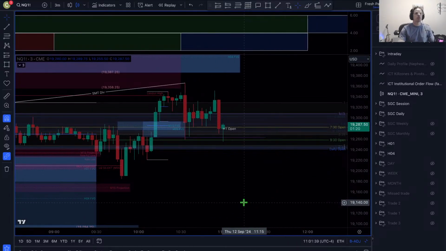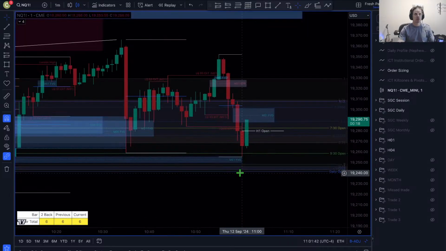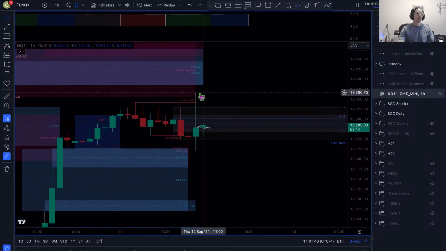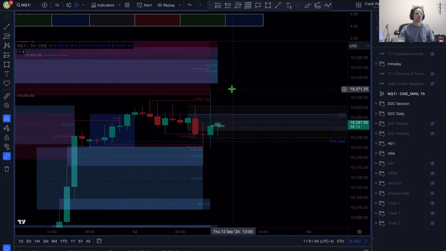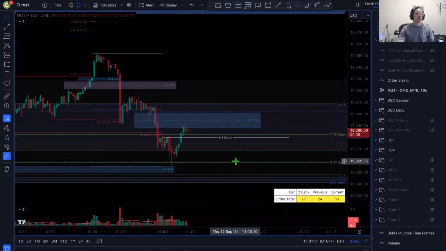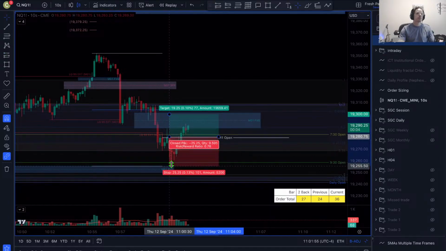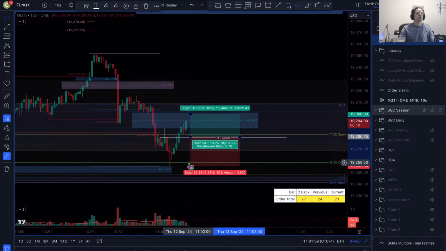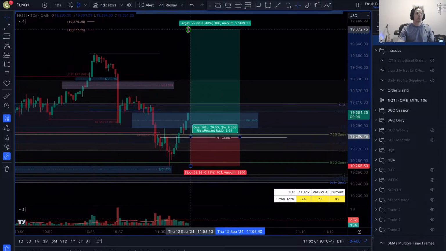You know, did we just sweep this liquidity essentially on the hour open, or we're going to go up on the hour? Could we be attacking the high? That would be the trade for that. See if we invert this fair value gap.